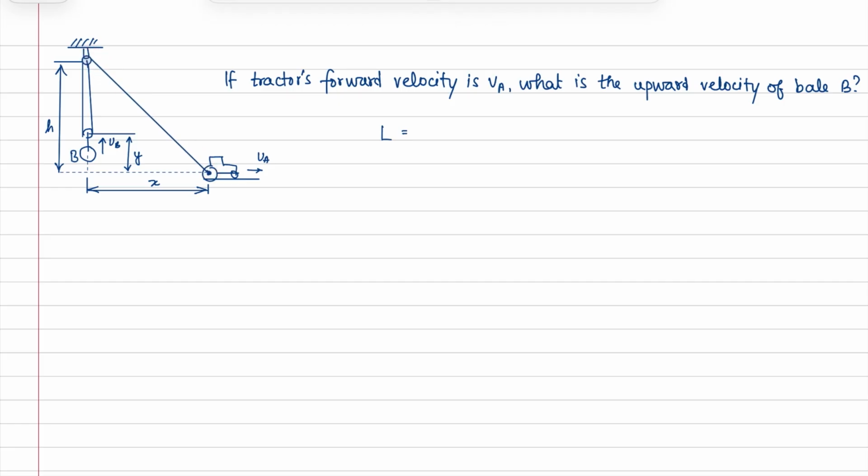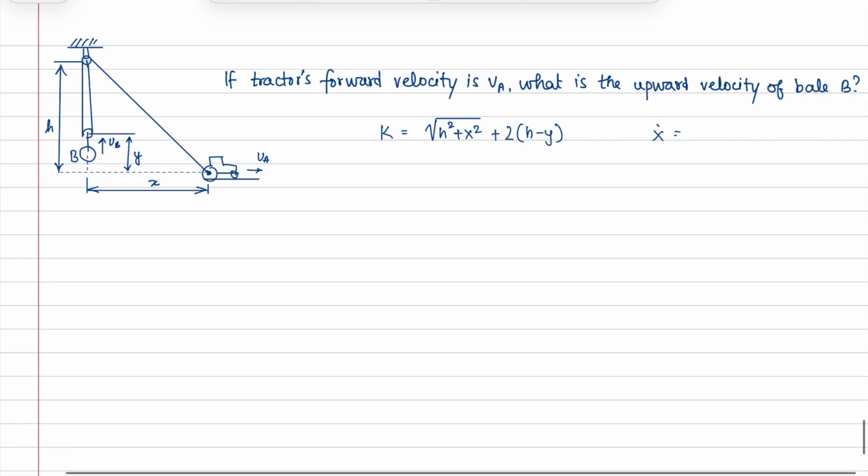This length here, which is root over h squared plus x squared, plus this length here, which is h minus y. And you have a constant and another h minus y. So there's 2 here. And plus a constant. I'm just going to move that to the side here. I'm going to say k is equal to this.